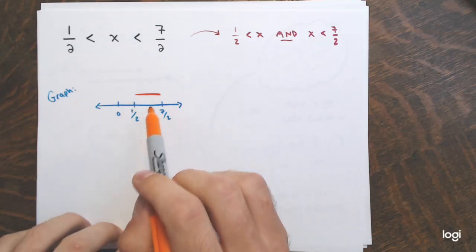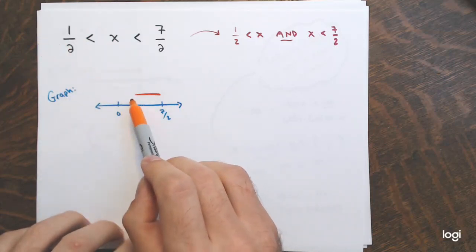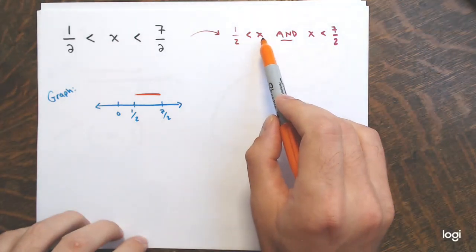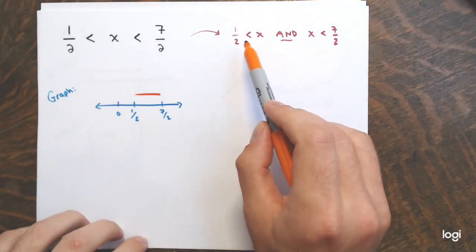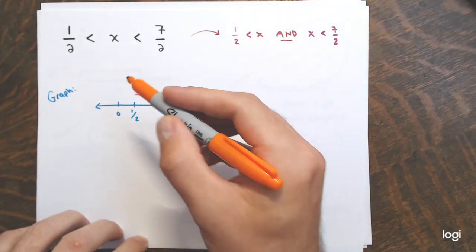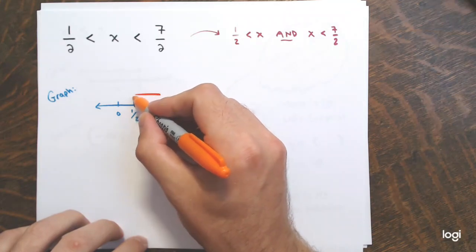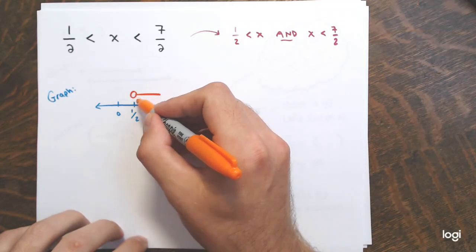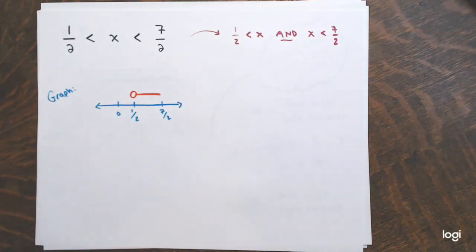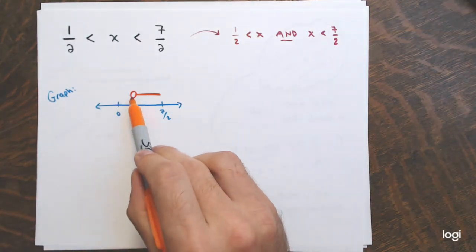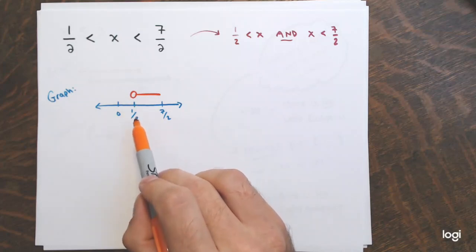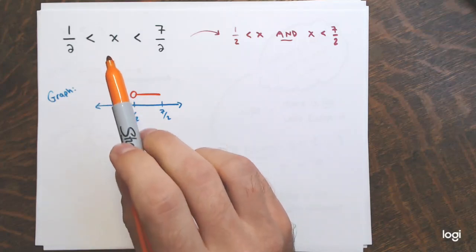And are they solutions? Well, is 1 half a solution? Is 1 half less than a half? No, 1 half's equal to a half. So right away I'm seeing that 1 half does not satisfy. So I put an open point or just a parenthesis on that, whatever you prefer. I like the open point. That indicates to me that this left endpoint, this half, is not a solution.